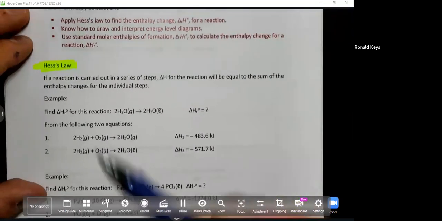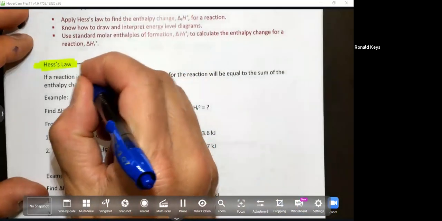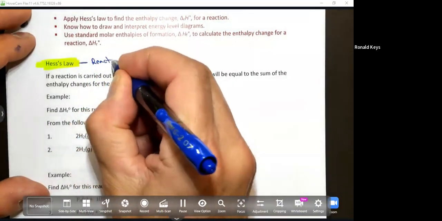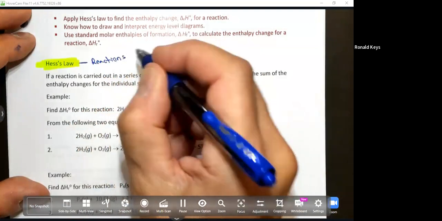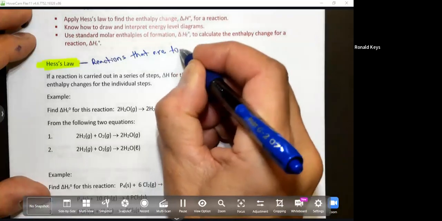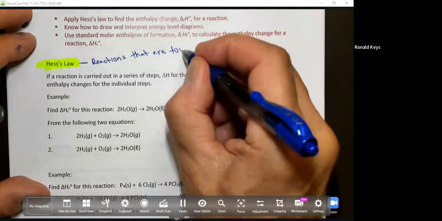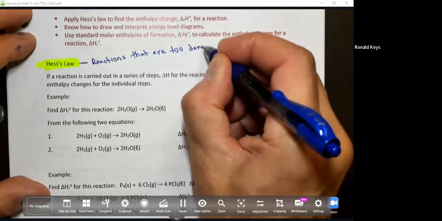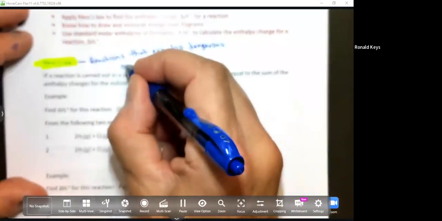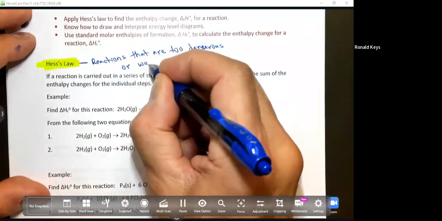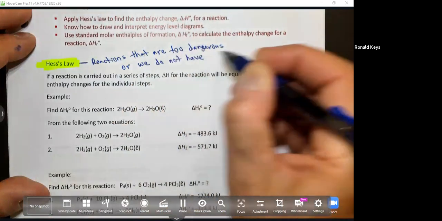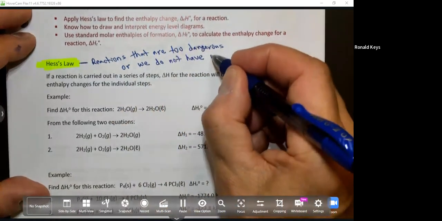But we use Hess's law for reactions that are too dangerous to run. Or we simply do not have reagents, maybe.